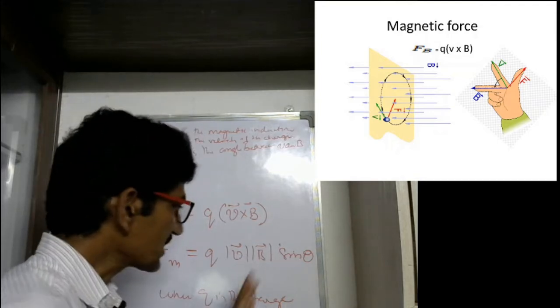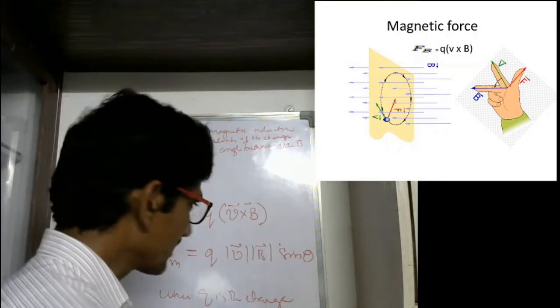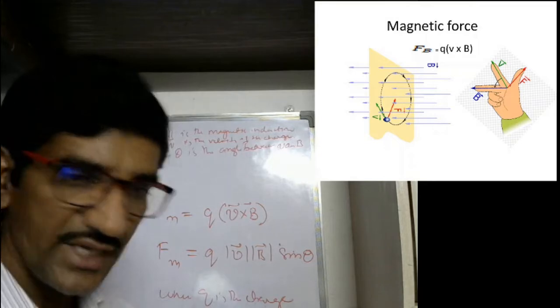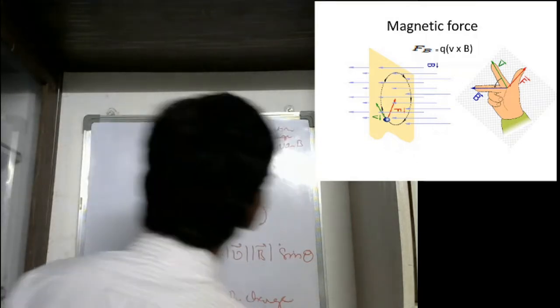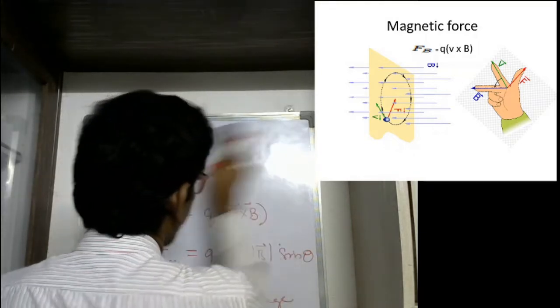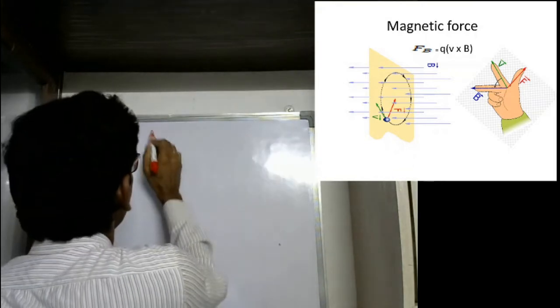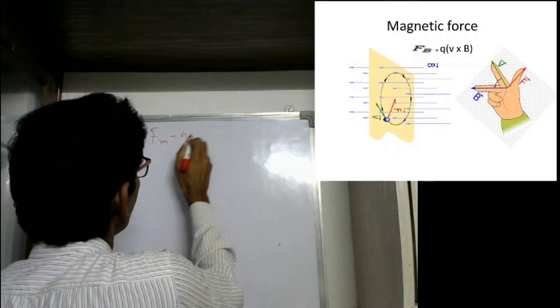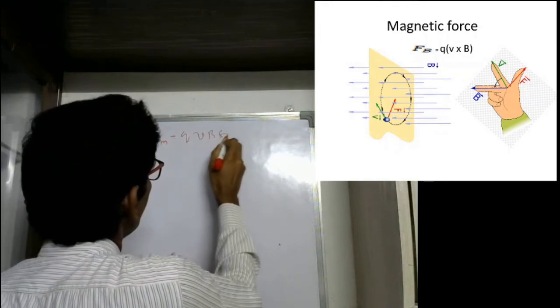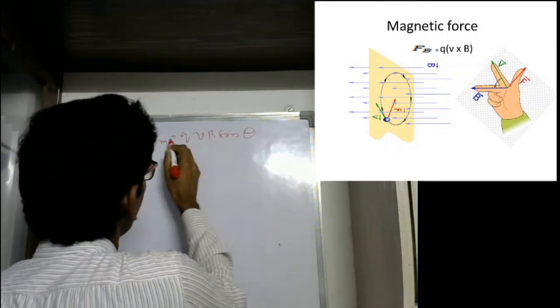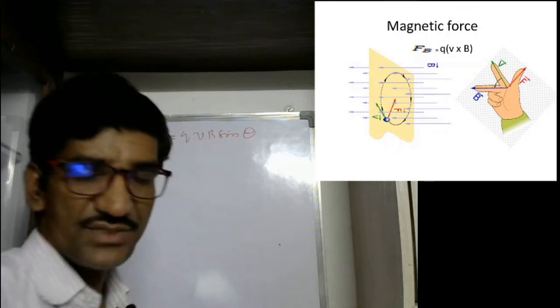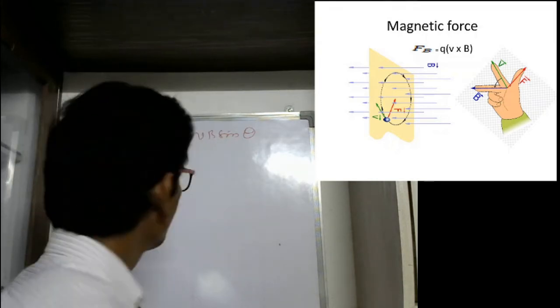Next, what happens if you change theta? If you take theta equal to 0, let me write the formula here: F_m is equal to QVB sin theta.